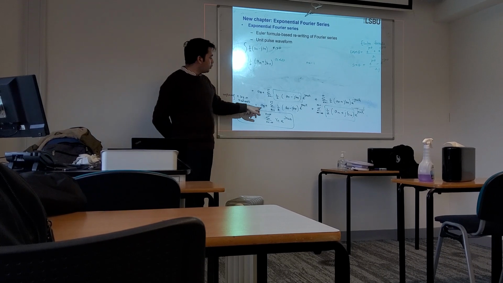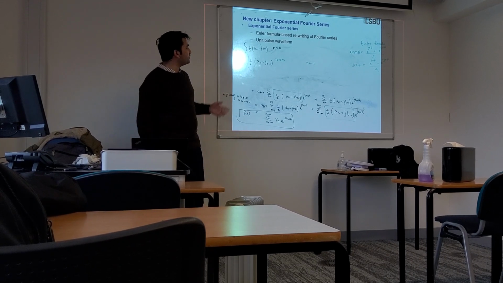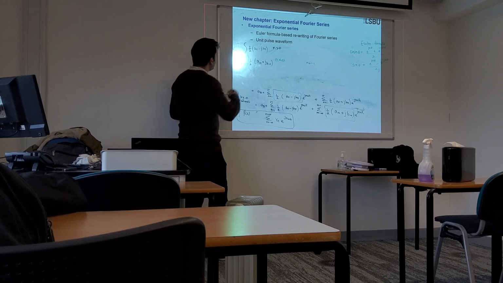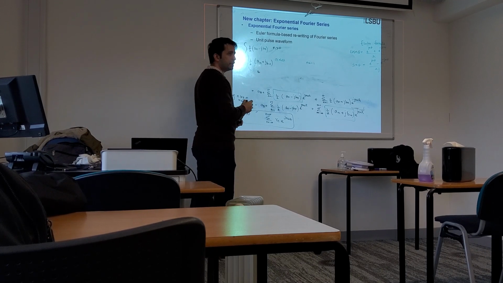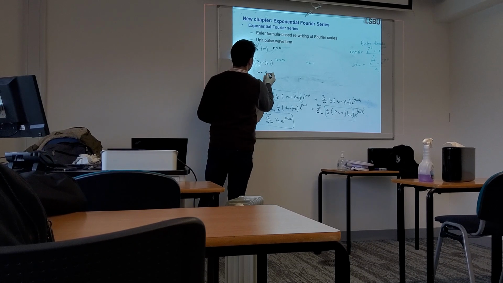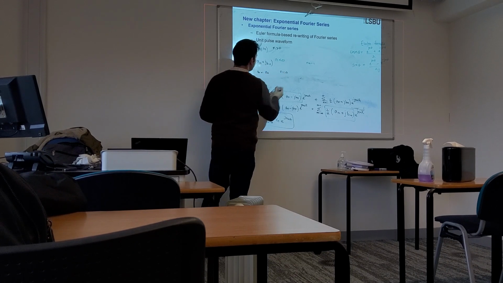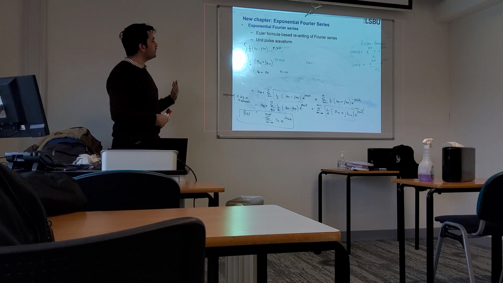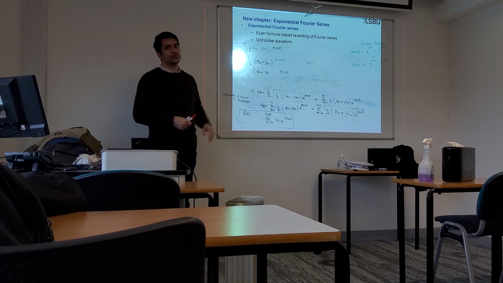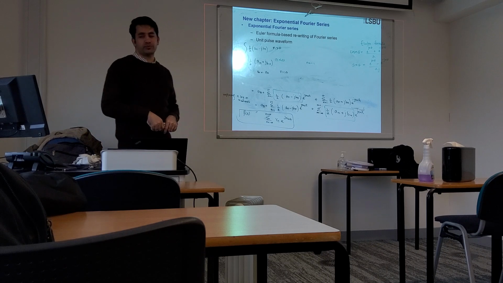So, what happens with the 0? As I said previously, your R naught is the same as A naught. So, for n equal to 0, your R naught is the same as A naught. And later we will come to their formulas as well.